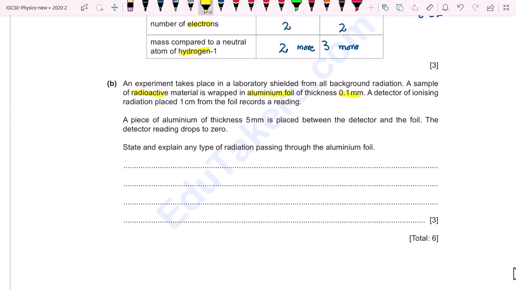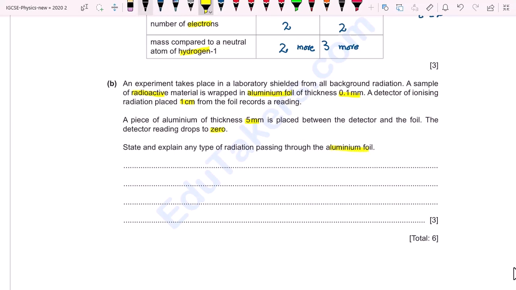A detector of ionizing radiation placed 1 cm from the foil records a reading. A piece of aluminium of thickness 5 mm is placed between the detector and the foil. The detector reading drops to 0. State and explain any type of radiation passing through the aluminium foil.